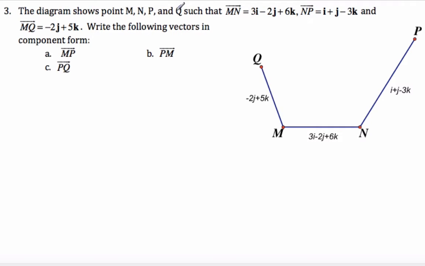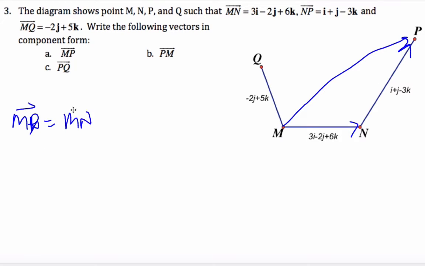So if we consider this question here, you should pause it, try it yourself. So MP, I want to go from M to P. I know MN goes this way, NP goes that way. So I want to add these vectors. Well, if I'm going to do that, it's MN plus NP.